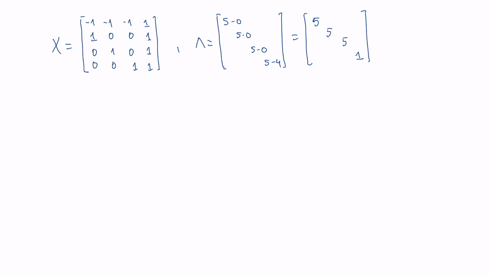So we have the matrix A, which equals X lambda X inverse for this X and for this lambda. If we want to find powers, then obviously A to the K will equal X lambda to the K X inverse. We can also find the inverse of the matrix.